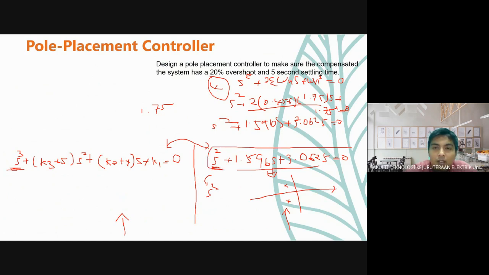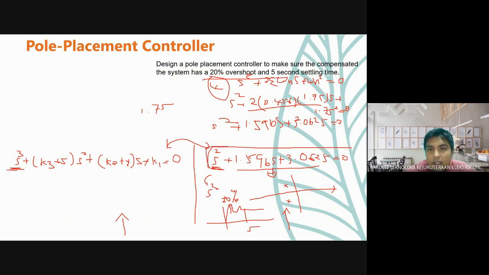If we simulate this characteristic equation, the output of the system we can get is something like this. We have 20% overshoot and a settling time of about 5 seconds. This is the thing that we get.